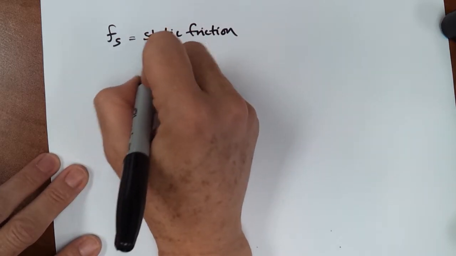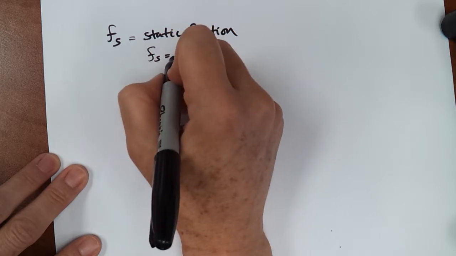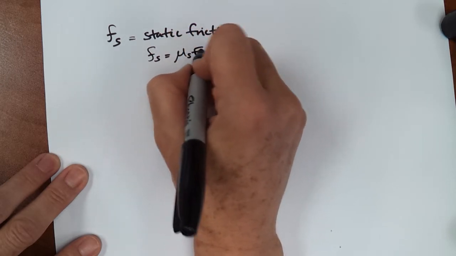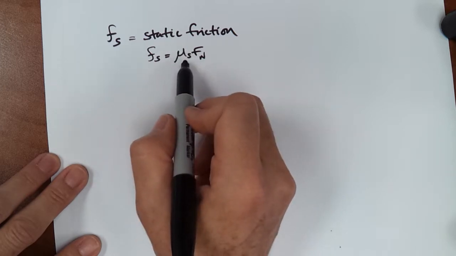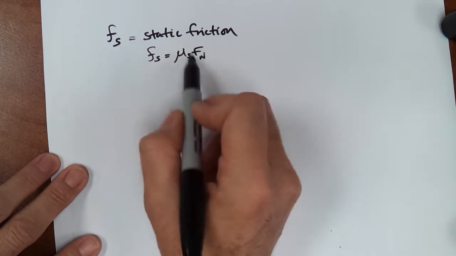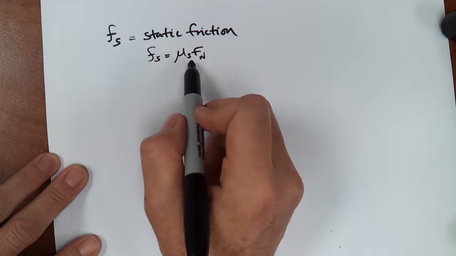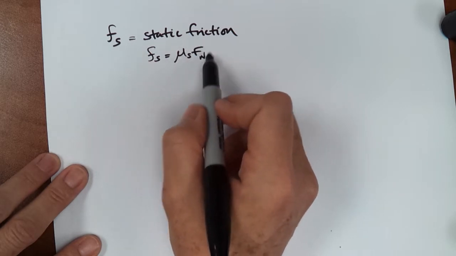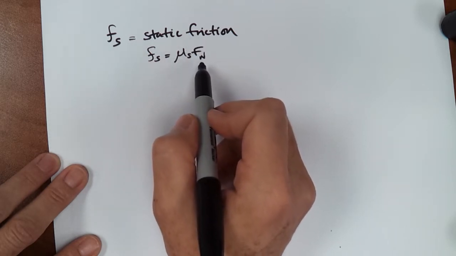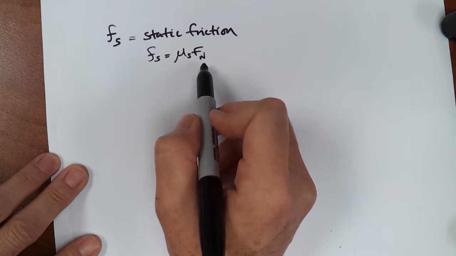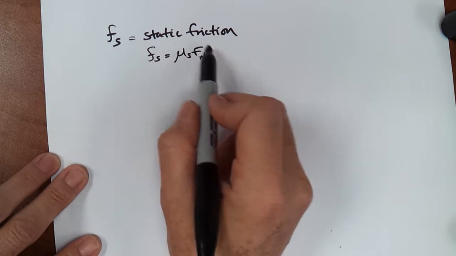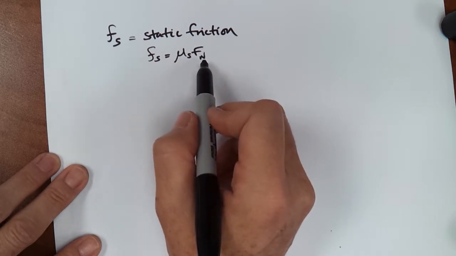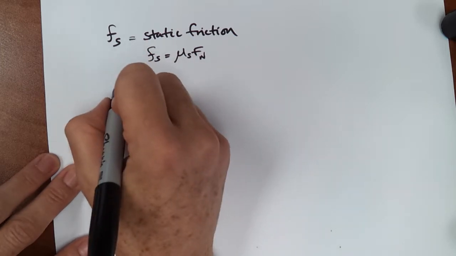And we can say Fs equals mu-s Fn, where the coefficient of static friction would be given, or you could solve for it if I gave you the other two, times the Fn. Remember that if it's on a slant, then Fn is not the weight, and we'll get to that a little bit later. Only when it's on a horizontal surface is Fn equal to mg. But if it's on a slant, then it's going to be mg cosine theta. We'll get to that more later.